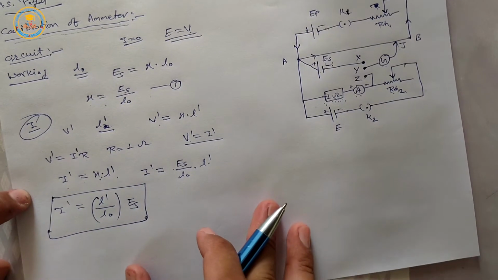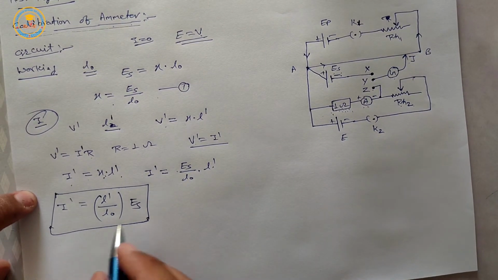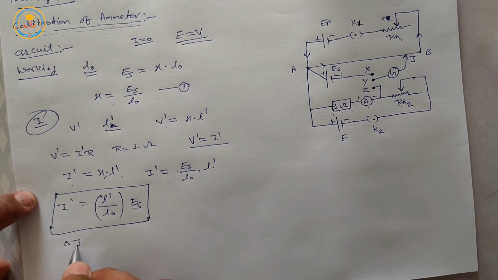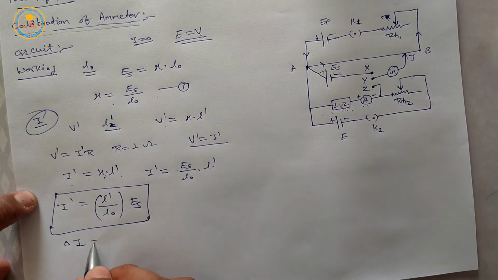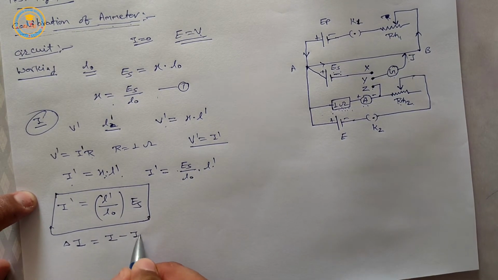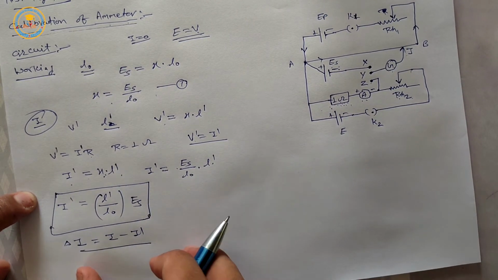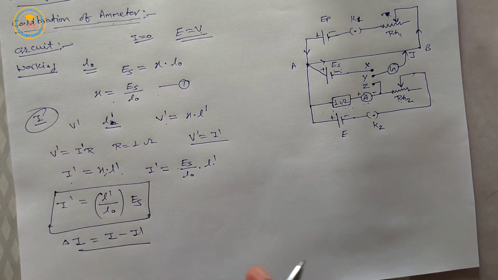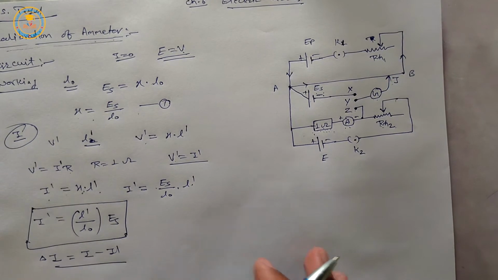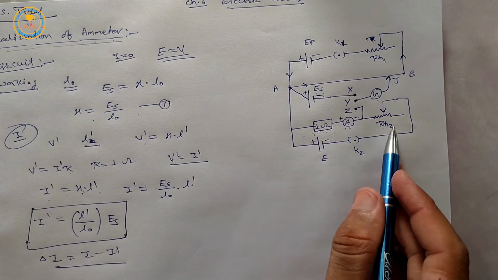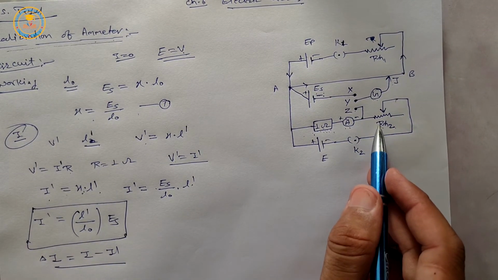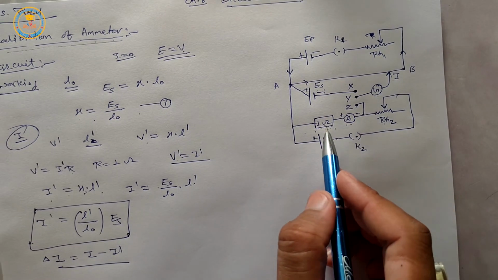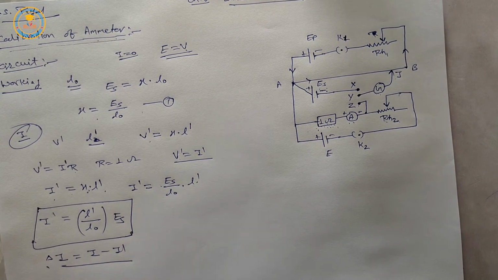Now from this, the error in observation of the ammeter is denoted by del I. Del I is equal to I minus I dash. This is the error in observation of the ammeter. Now we take different values of the rheostat, then we get different values of del I and I, meaning I and I dash.